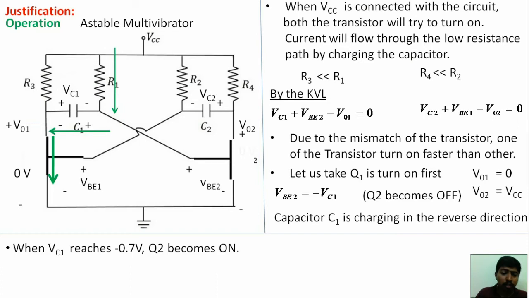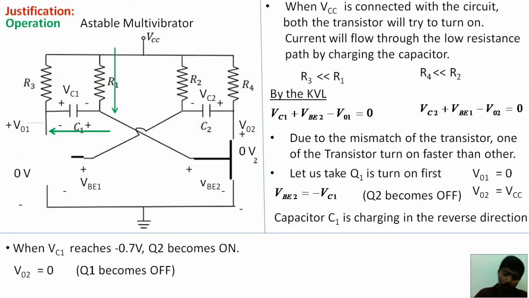The voltage will become 0, directly connected with the ground. If it is 0, immediately the transistor Q1 turns off because VB1 becomes less than a negative value. So Q1 will act as open, V01 will become VCC.